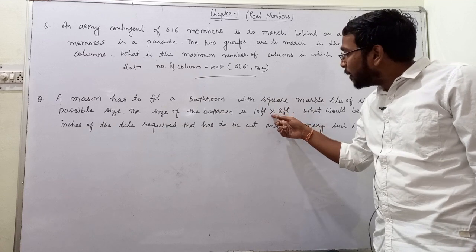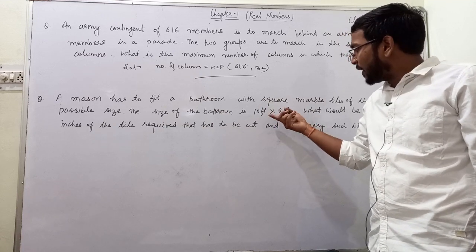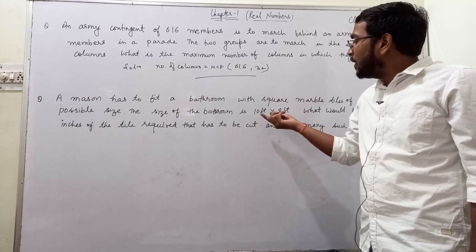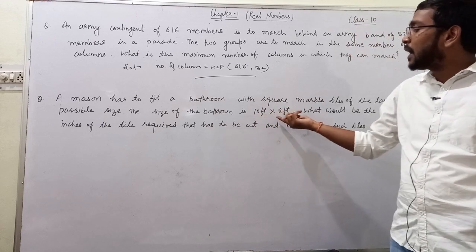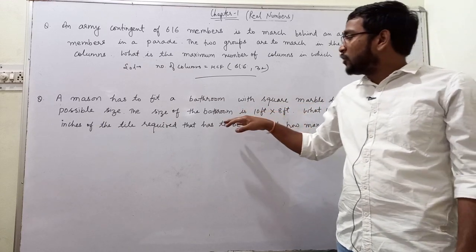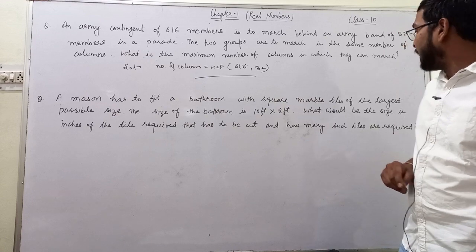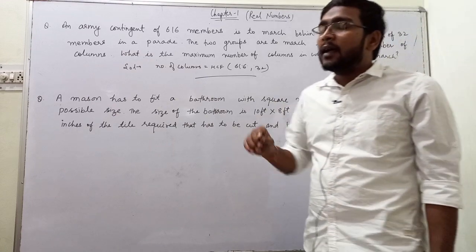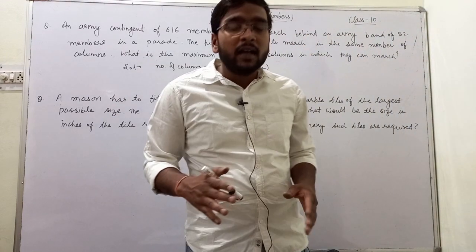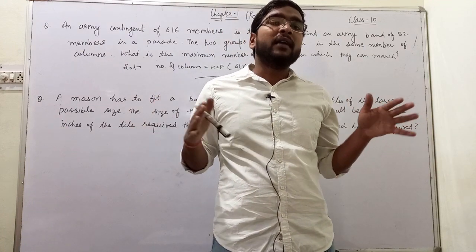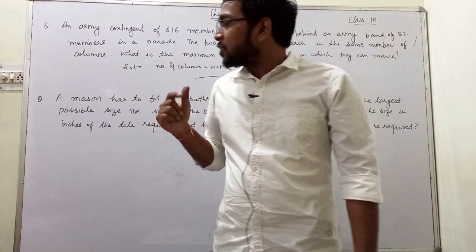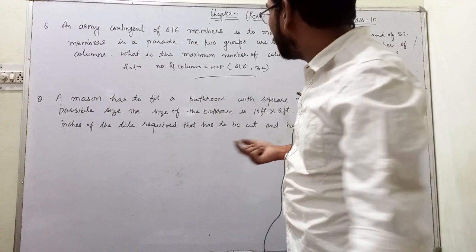It is read as feet and read as by and not into. Okay, it is not 10 into 8, it is 10 by 8. Okay, so the size of the bathroom is 10 feet by 8 feet, and he wants to insert the largest size of square tile possible. Okay, the tile is square, you need to remember that.